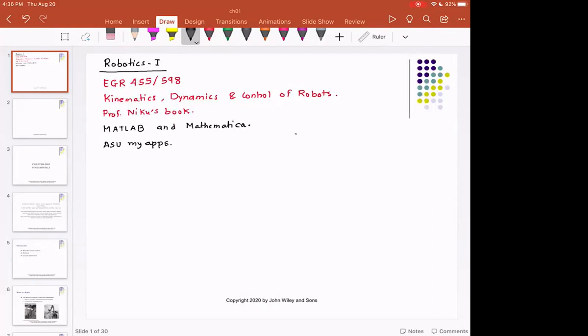Some of you might have taken a MATLAB class, some of you might not, but just to get you on board, the first homework, which is homework 0, is already assigned, and that is on MATLAB.